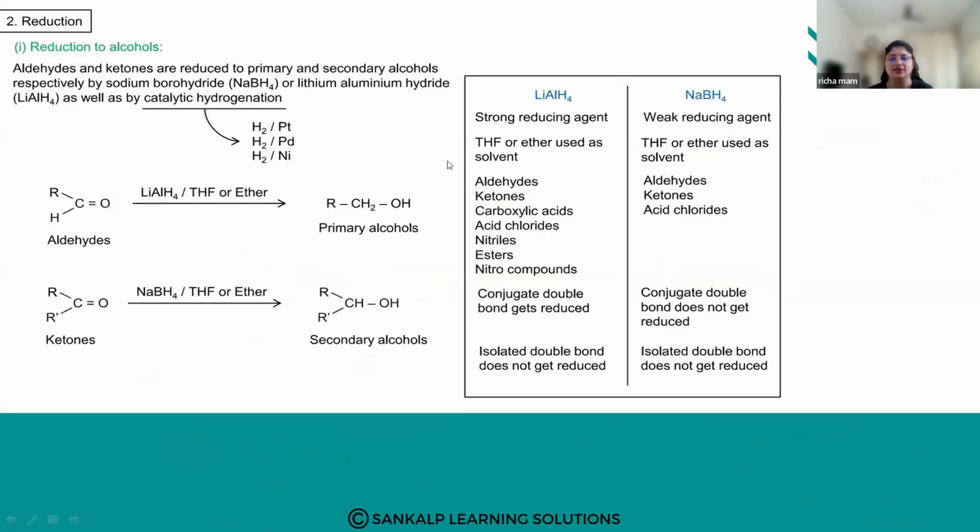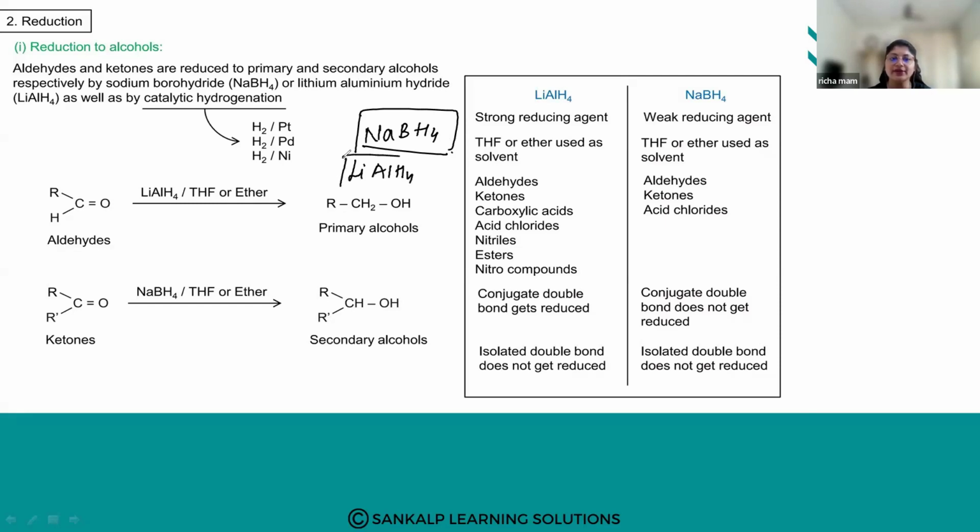Next is reduction. Whenever you have aldehydes and ketones, what will happen to them? They are reduced to primary and secondary alcohols by using sodium borohydride, or you can use lithium aluminum hydride.